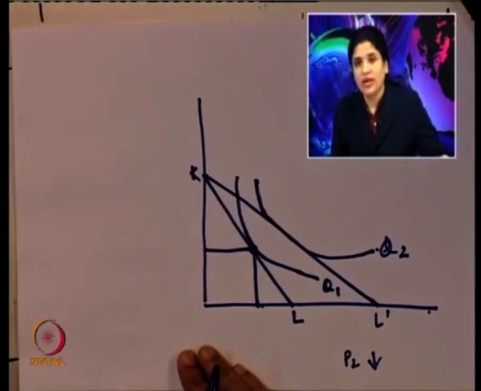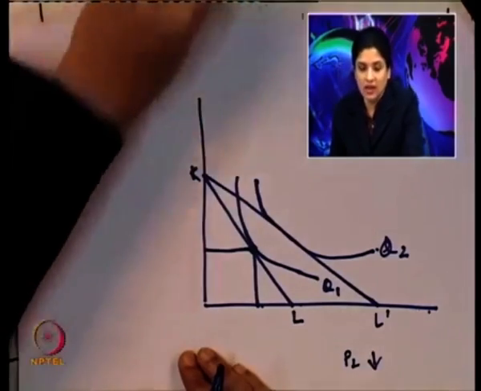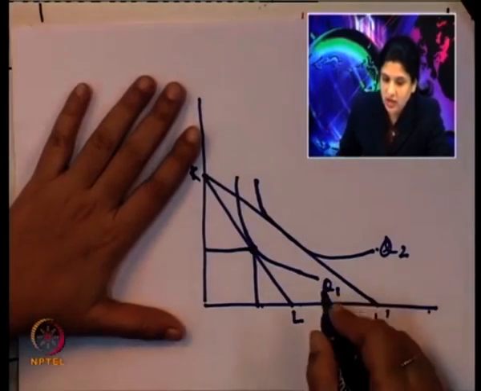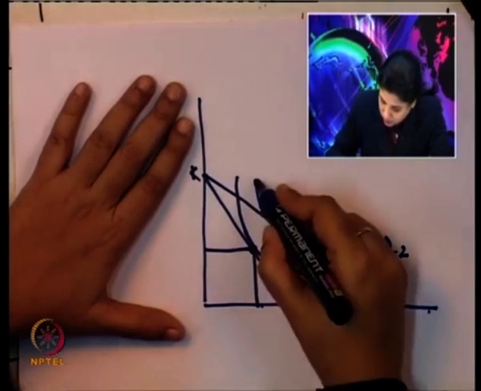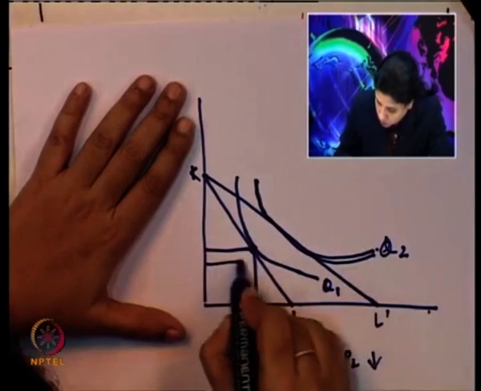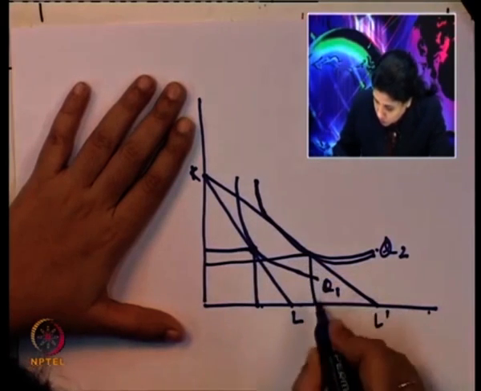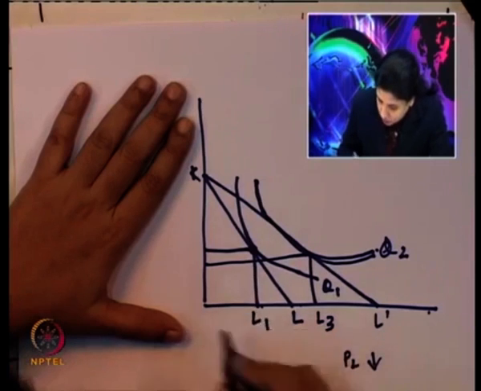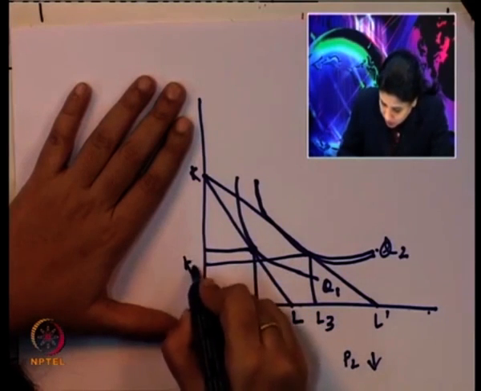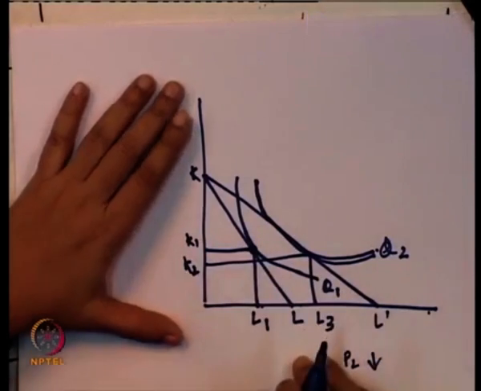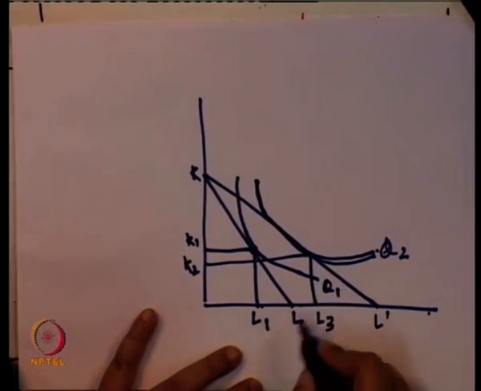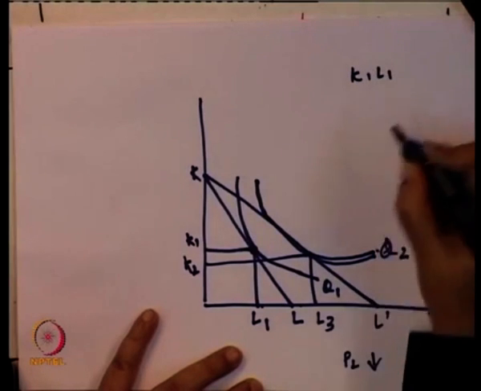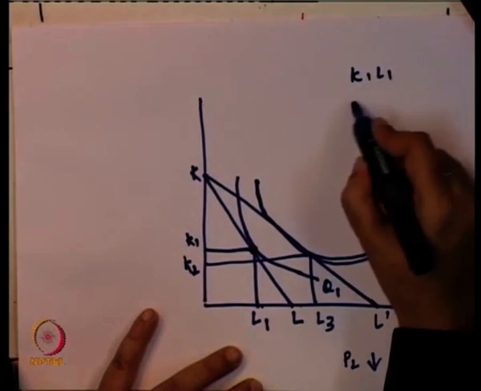Once it changes, the new input combination becomes L3, that is L1, and this is K2, this is K1. So, with the change in the input price, the firm will now use more labor and less capital. Earlier it was K1 L1, now it is K2 and L3.